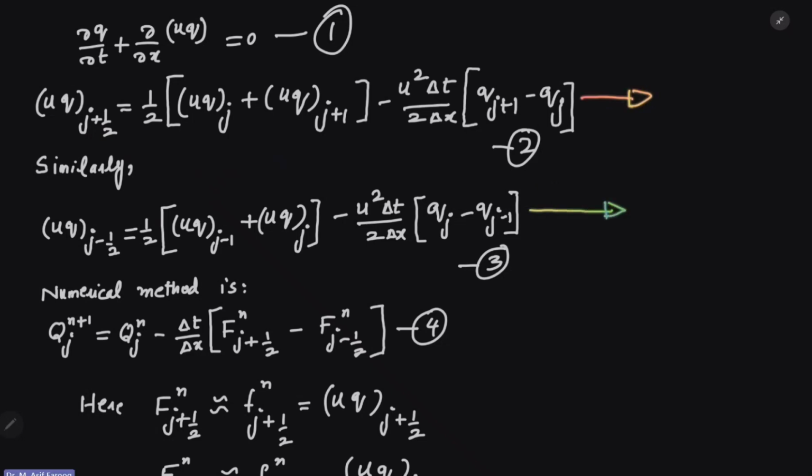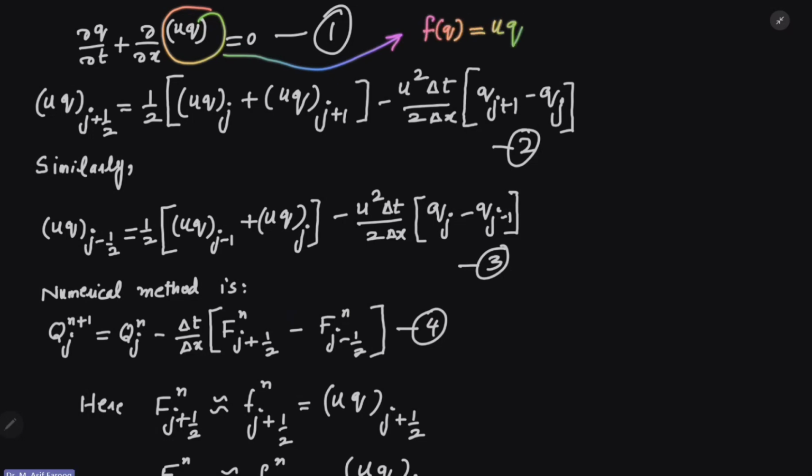Since we needed these fluxes in the question, this is our flux f of q is equal to uq. U is a constant.